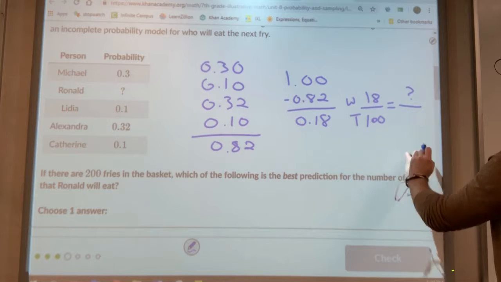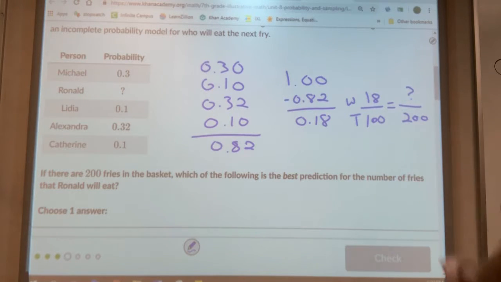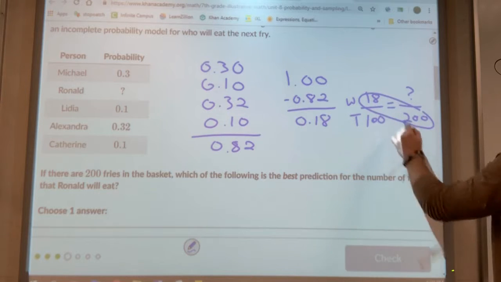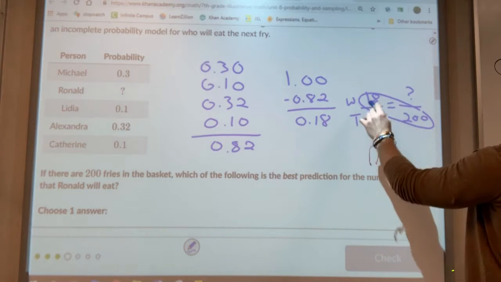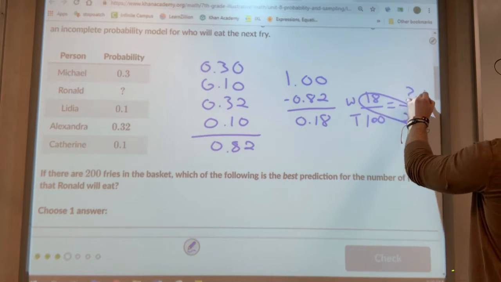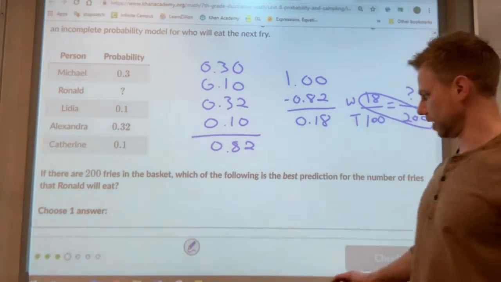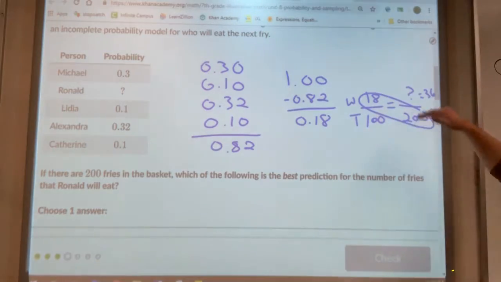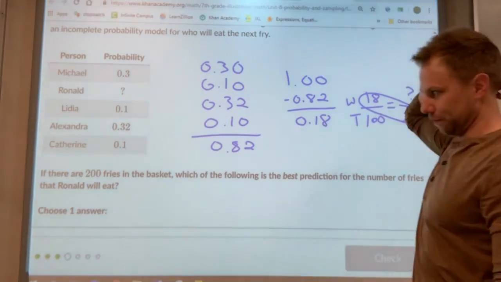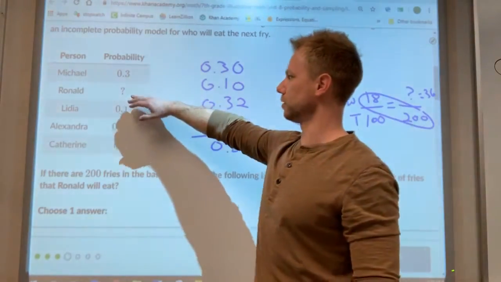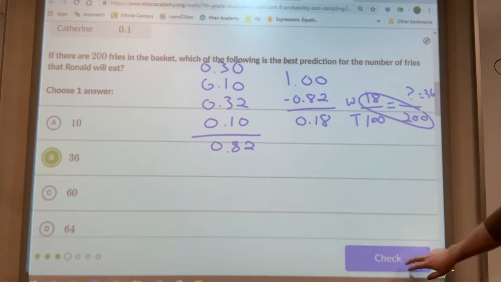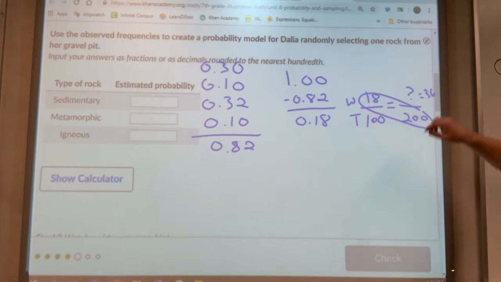How many fries does he want out of 200? Okay, cross multiply, divide. Remember how to do that with proportions. 200 times 18 divided by 100 equals 36. So that means out of all 200 fries, he's going to get 36 of them, by figuring out what his probability was and then setting up a proportion. So that would be B, and we're correct.